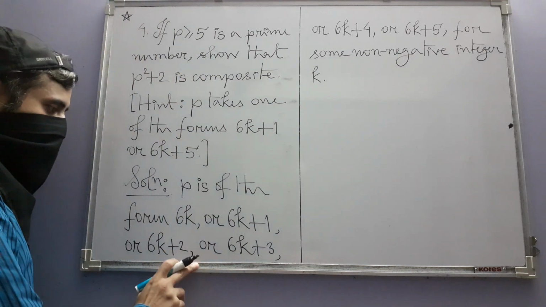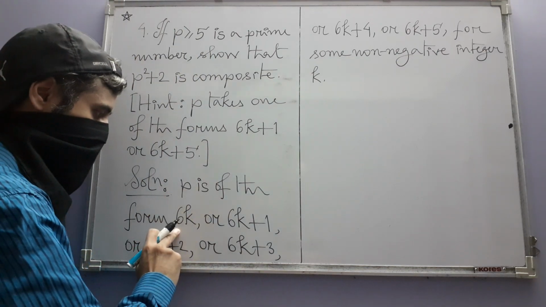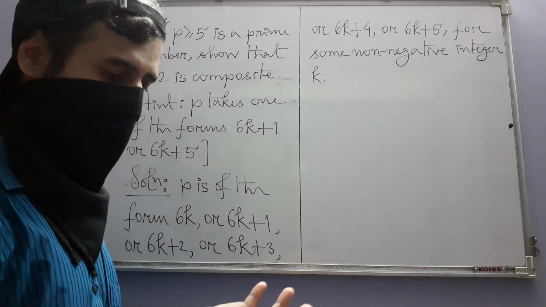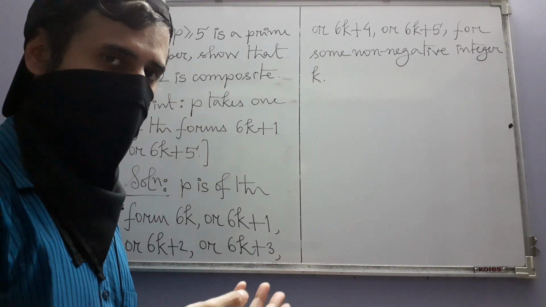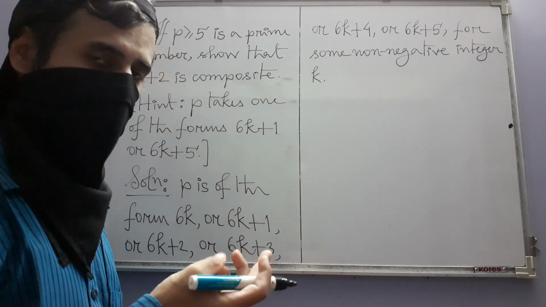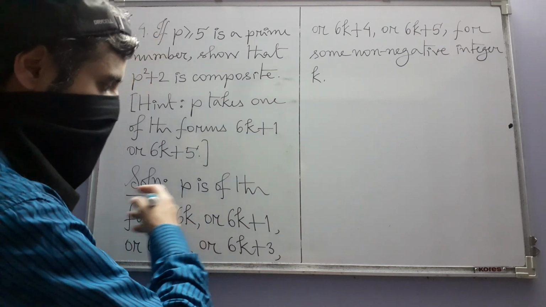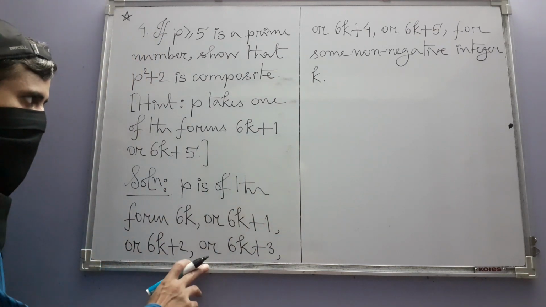This happens because when we divide p by 6, the possible remainder is either 0 or 1 or 2 or 3 or 4 or 5, and accordingly we have these 6 forms.